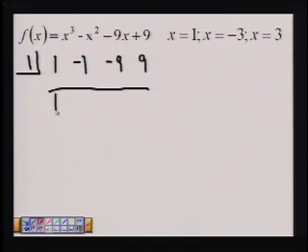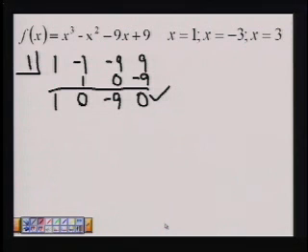I bring down the 1. 1 times 1 is 1, and I add, which is 0. 0 times 1 is 0, and I add, which is negative 9. Negative 9 times 1 is negative 9, and I add, which is 0. So yes, x equals 1 is a root.